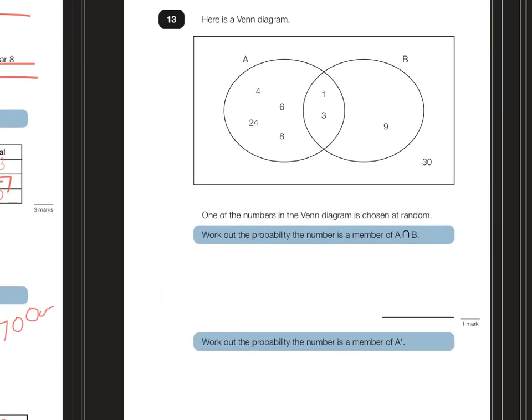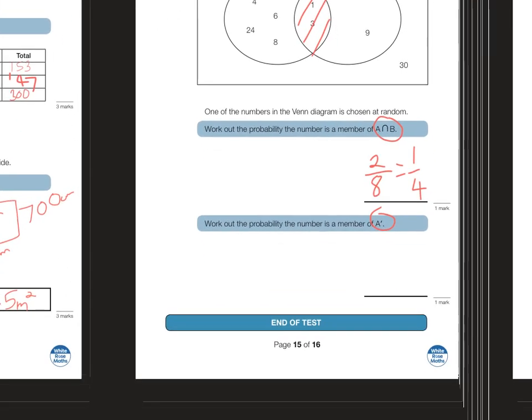Venn diagram. This is new for us. We haven't really done much of this. So I was really impressed that any of you got anything for this. So just to be clear, A intersect B is this part. So that's 2 out of 1, 2, 3, 4, 5, 6, 7, 8, also known as a quarter. This one means A complement.